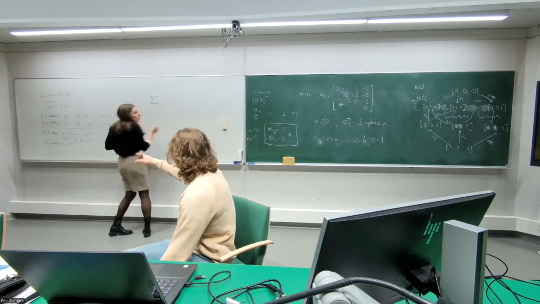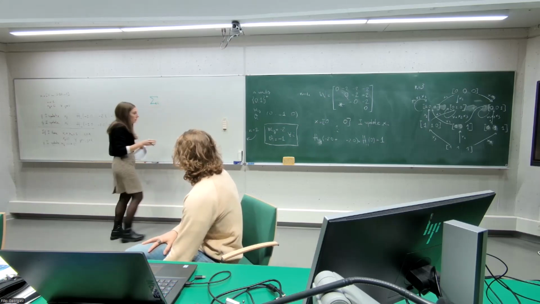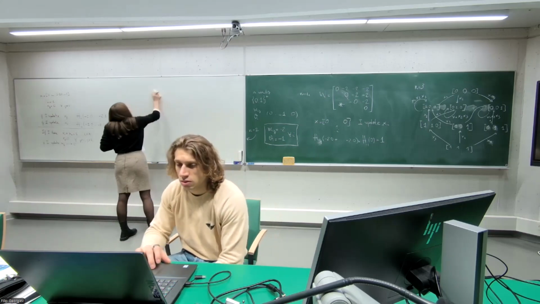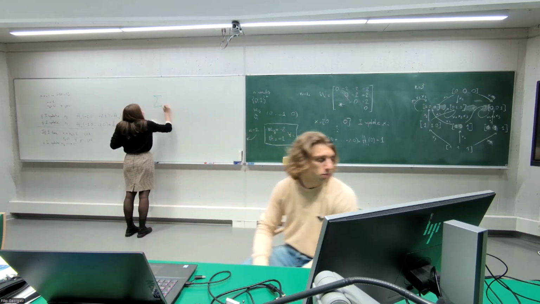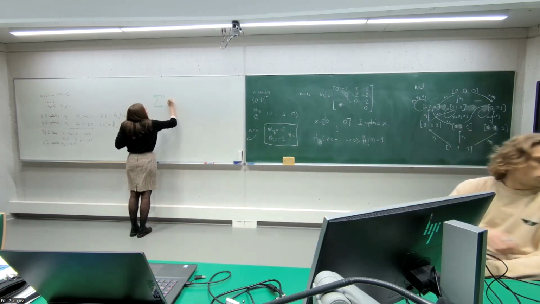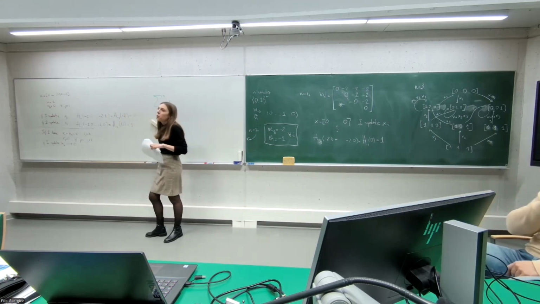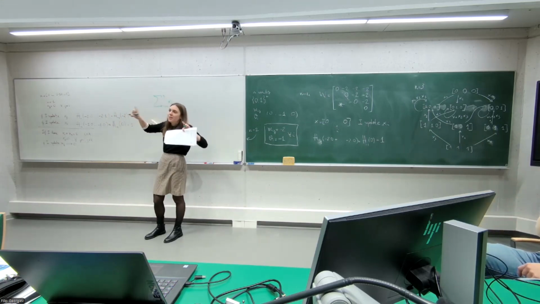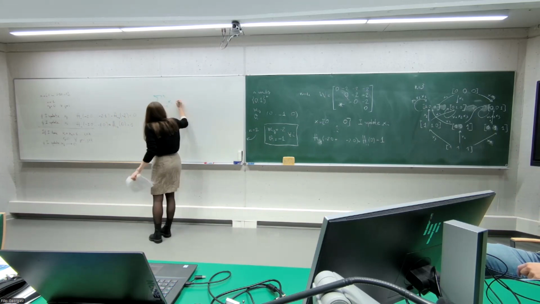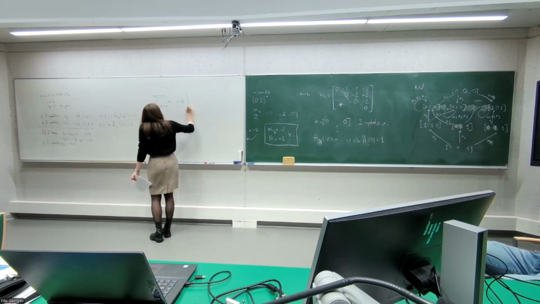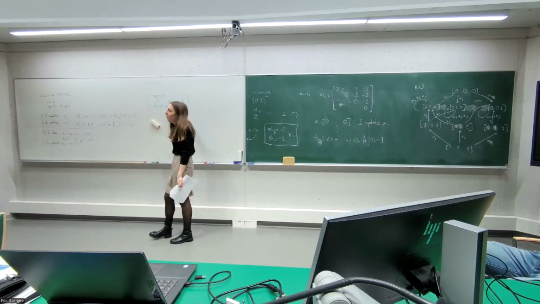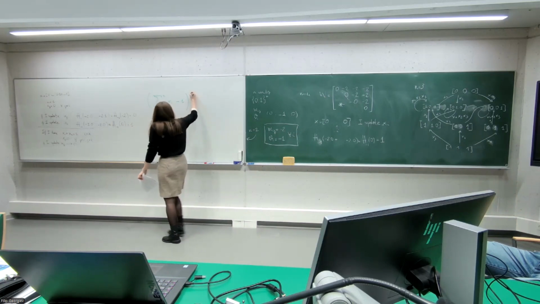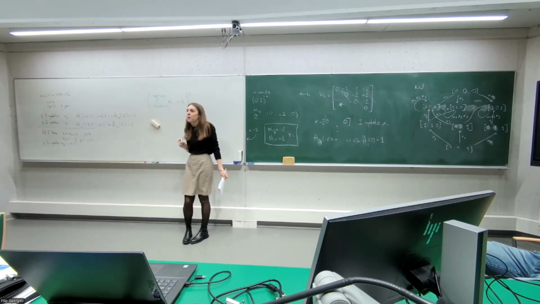Just write a bit bigger because people online can't see it that well. So this thing should be equal to 1 if there are all zeros and just one single one. So if I write this, it should be equal to 0 for the states that I want to be stable states.